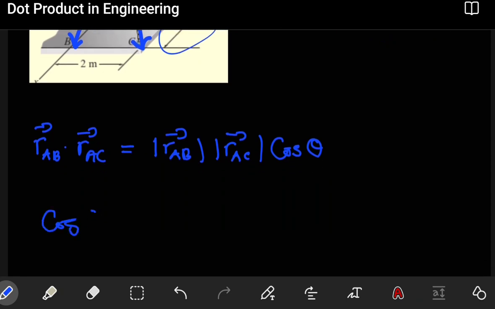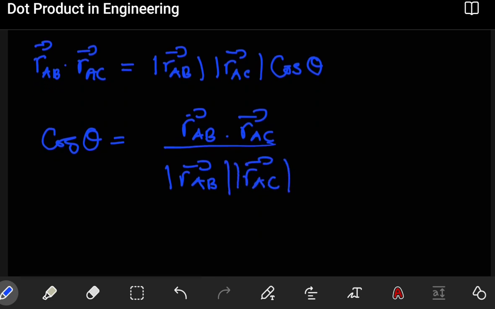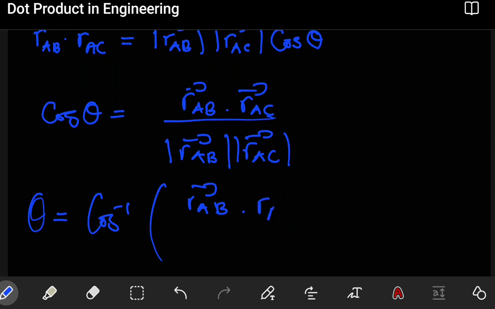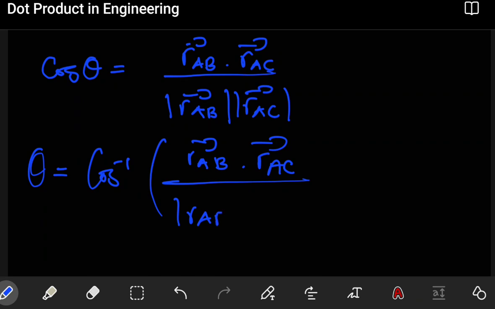So we start with cos theta being equal to RAB dot RAC divided by the product of their magnitudes, RAB and then RAC. From here, theta will be equal to cos inverse of RAB dot RAC divided by the product of their magnitudes.